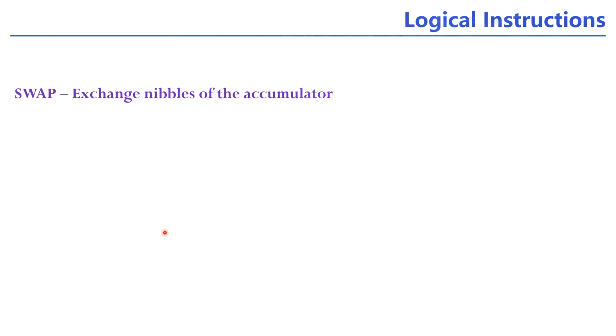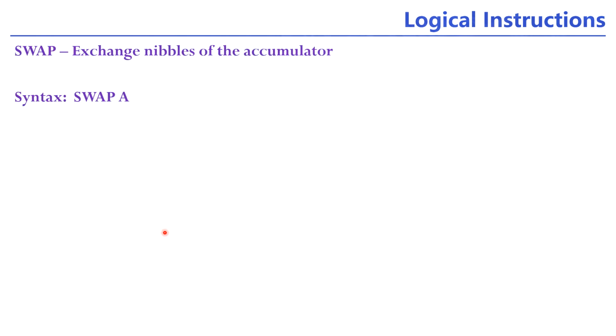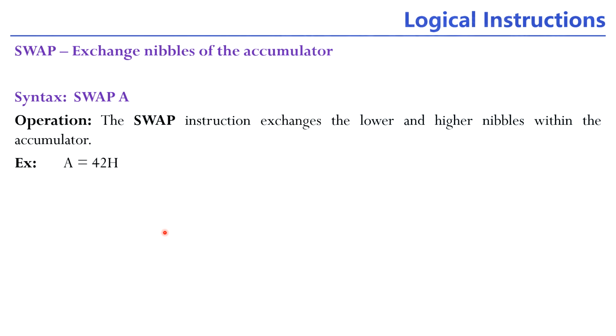Now we will see here the swap instruction, right? What is the use of this instruction? You see here, exchange nibbles of the accumulator, right? Just swapping, by using this instruction. Operation: the swap instruction exchanges the lower and higher nibbles within the accumulator, right?